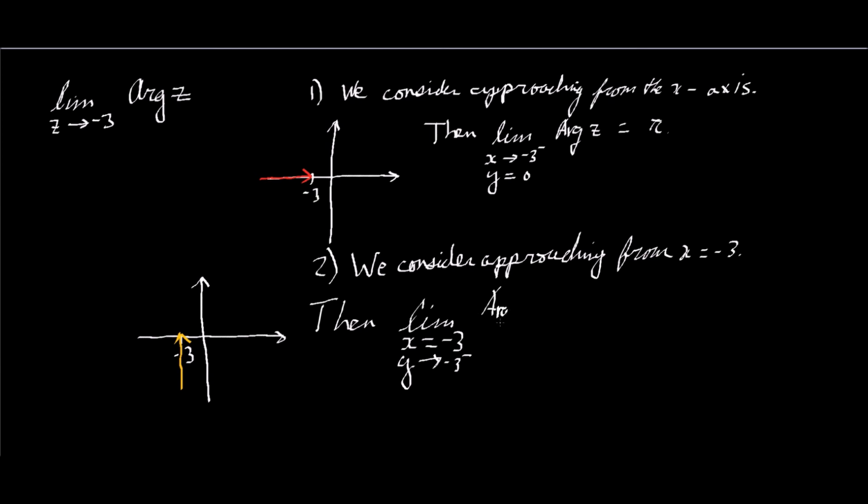Now this limit is pi over 2, since again you go around pi over 2 radians. Therefore, since the limits are different when approached from different directions, the limit does not exist.